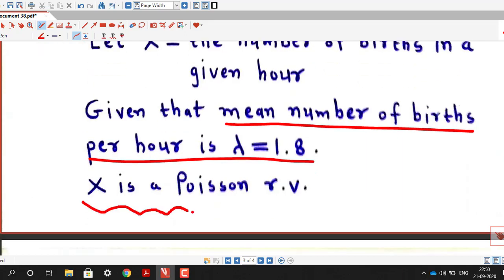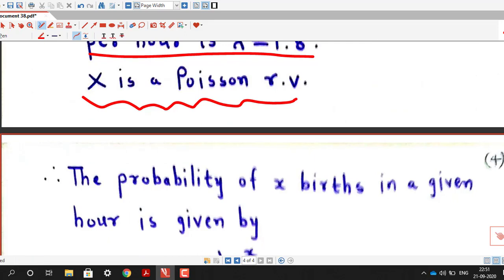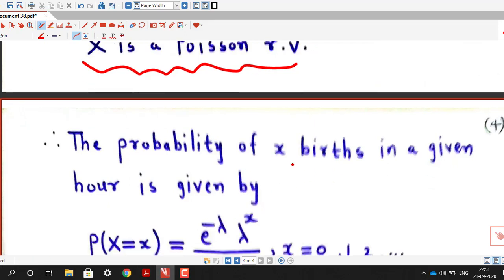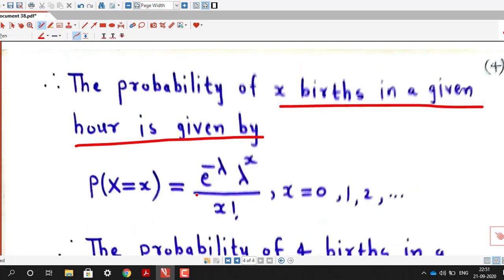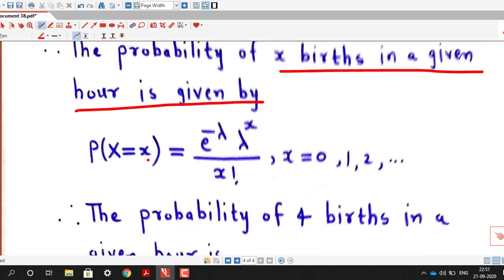So here X is a Poisson random variable. Therefore the probability of x births in a given hour is given by probability that X equals small x equals e raised to minus lambda, lambda raised to x, divided by x factorial. x runs from 0, 1, 2 and so on.